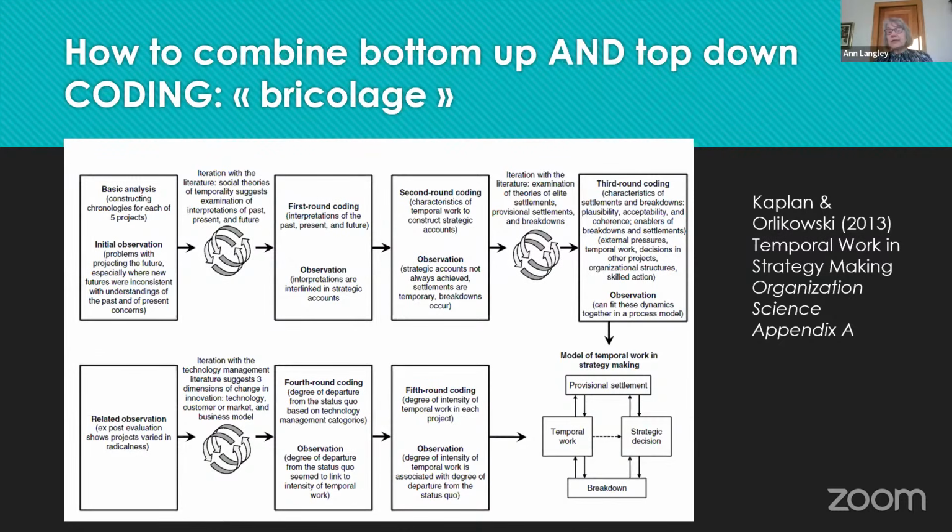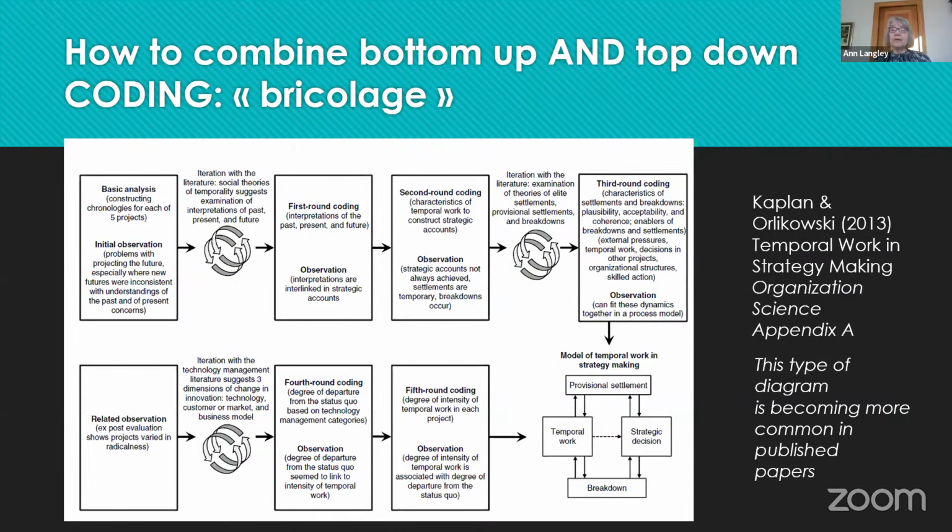So this is a really nice illustration of what it really looks like to engage in coding of process data. And increasingly you're seeing diagrams like this appear in articles, because people are being asked to explain, well, how did you do this actually? How did you take theory that is out there, combine it with the data that you have to produce something new? And so it's the combination, I think, that is important.